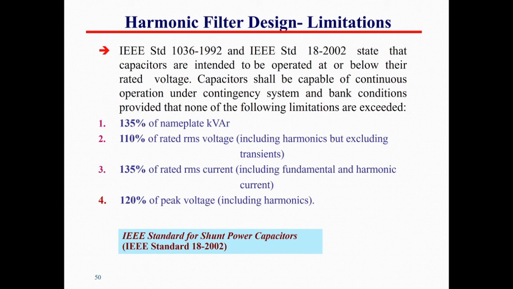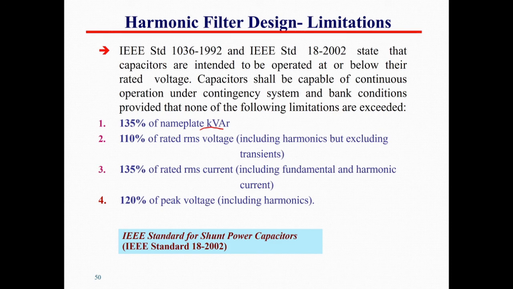The first one, the capacitor should not exceed 135% of the nameplate kilovolt ampere. That means if we have a capacitor that is written on that capacitor, let us say 100 kilovolt ampere, then that capacitor should not be operated more than 135 kilovolt ampere.